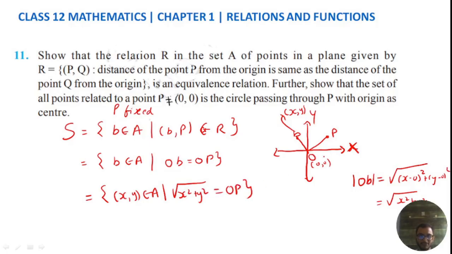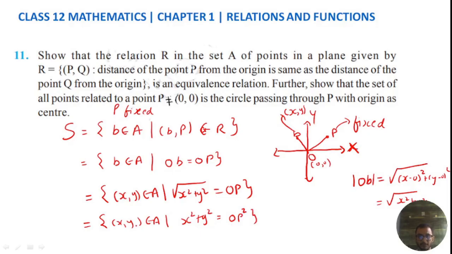This OP is fixed, right? This OP is a distance. It will also be of this type, but this P is fixed, hence this distance is some fixed distance. So by this what we'll get is x comma y belongs to A, such that if we square both sides, we'll get x square plus y square equals OP square. Now this is the definition of a circle.